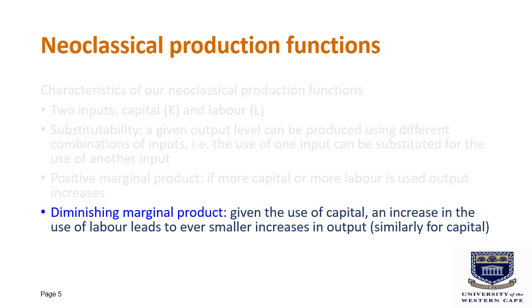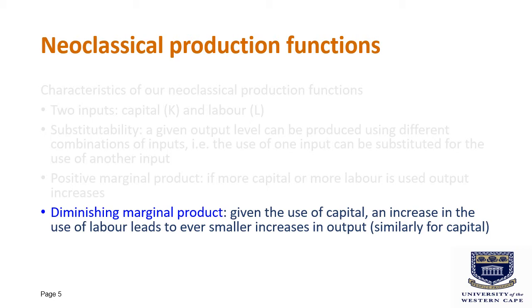We also have the idea of diminishing marginal product. If I hold capital constant, I'm not changing capital, I'm keeping it fixed. By using more and more labor, the amount that I'm gaining in terms of output is still going to increase, but at a decreasing rate. Understand what that means? Capital is not changing. I'm adding one more unit of labor.